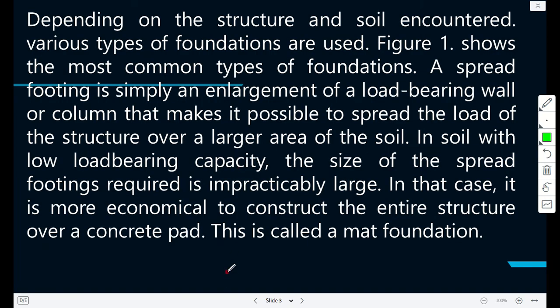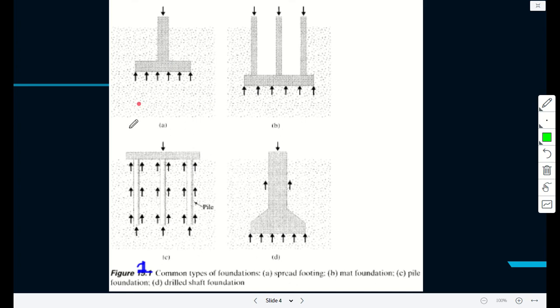Depending on the structure, the soil encountered and various foundations are used. And depending on the soil encountered, various types of foundations can be used. Let's see figure 1. You can use a pile foundation, but the choice depends on the type of soil.